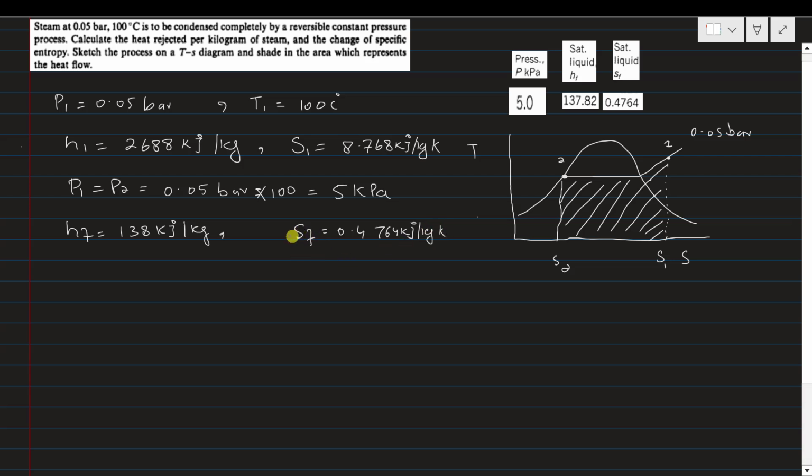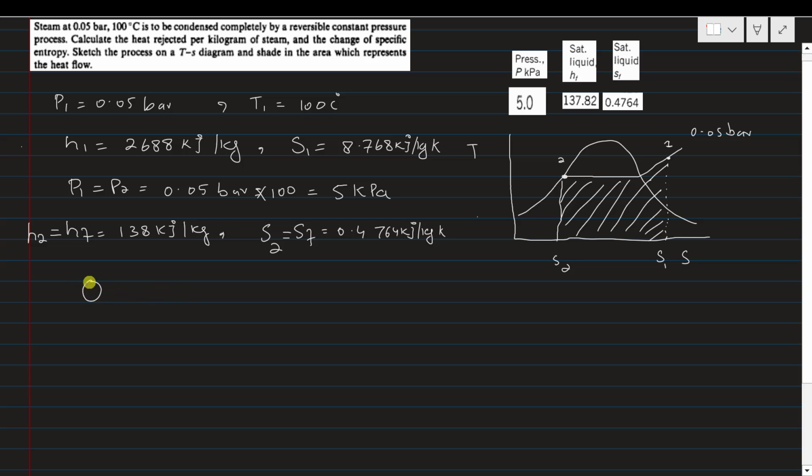This sf value is equal to S2. Why? Because our state point lies on the saturated liquid line, so the entropy will be equal to this sf value that we get from the saturated steam table. Similarly, this hf value will be equal to H2 for the same reason.